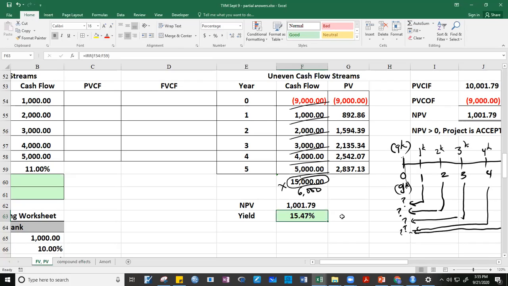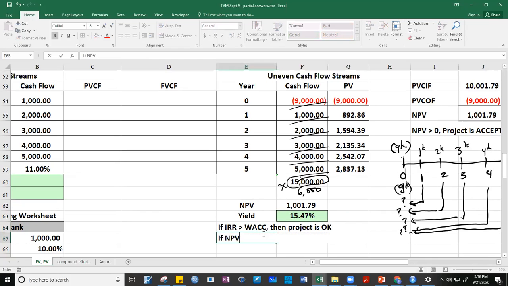So para saan tong IRR? How do we know if the project or the investment is feasible or not? Okay, IRR, if IRR is greater than the weighted average cost of capital, then project is okay.